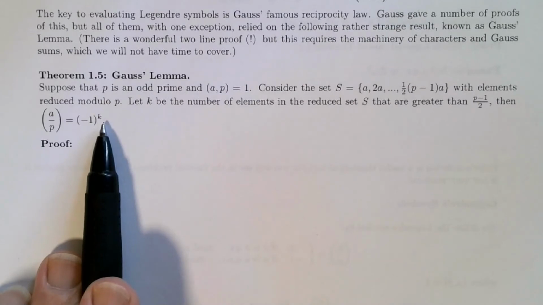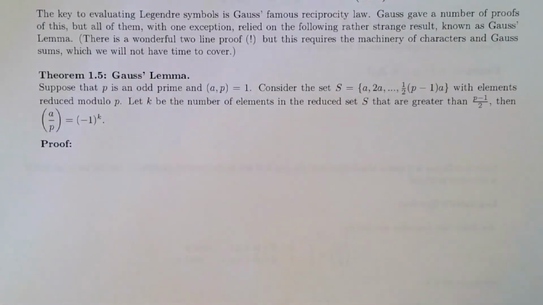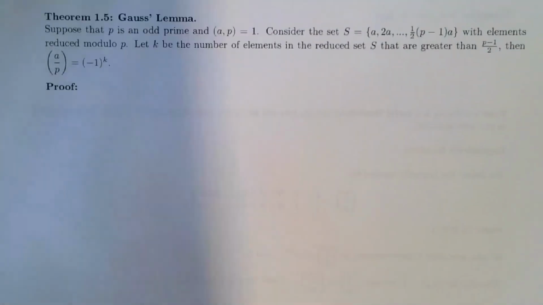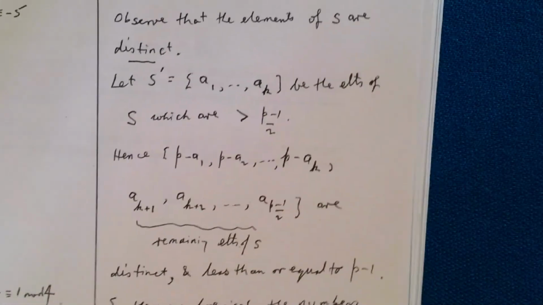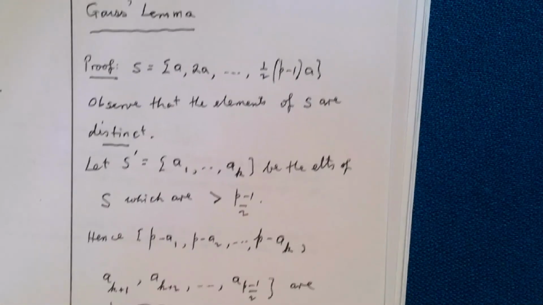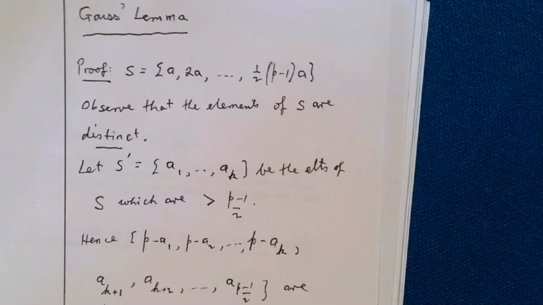It's quite a strange result, and I'm going to go through the proof of this. It's worth seeing Gauss's lemma. Okay, so here's how it works. Proof of Gauss's lemma.